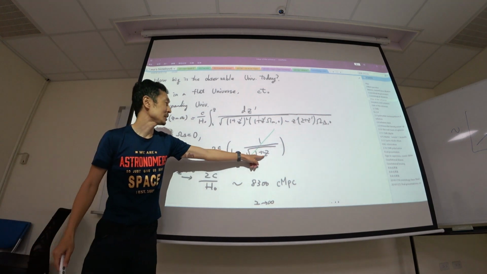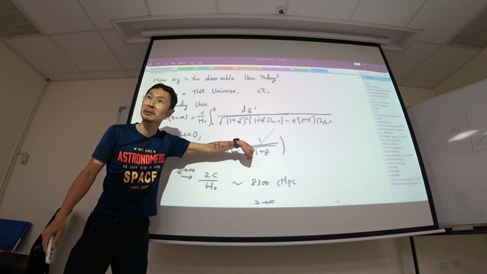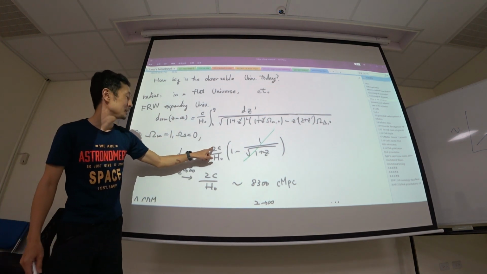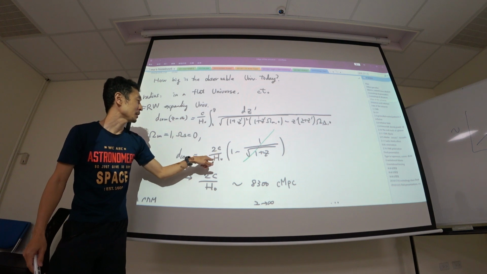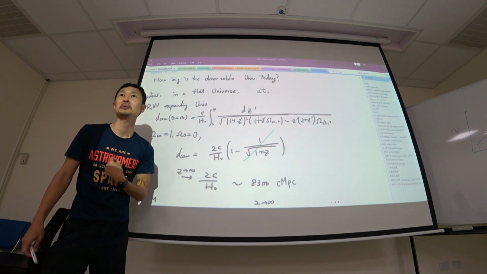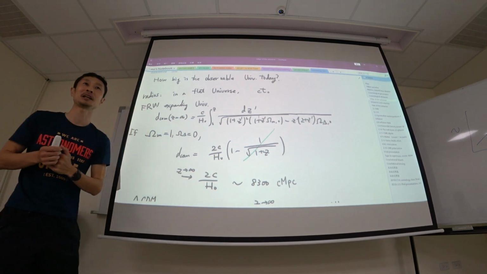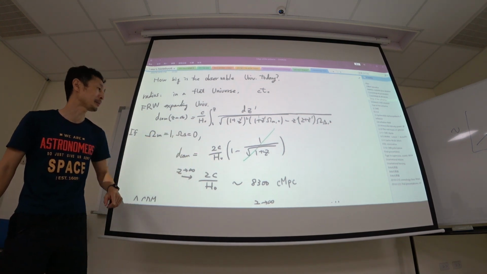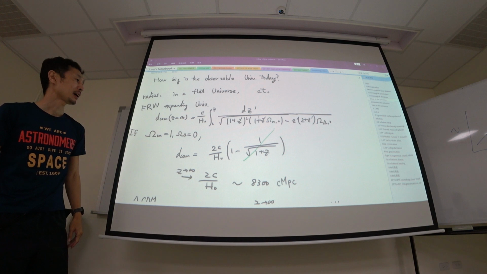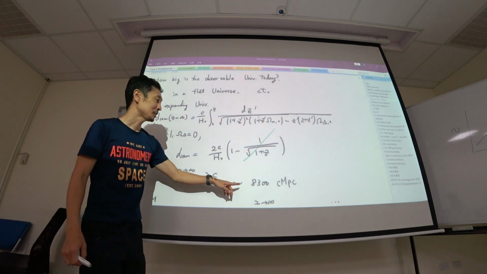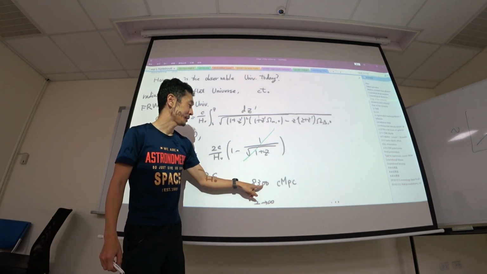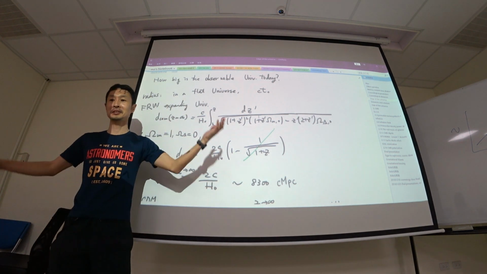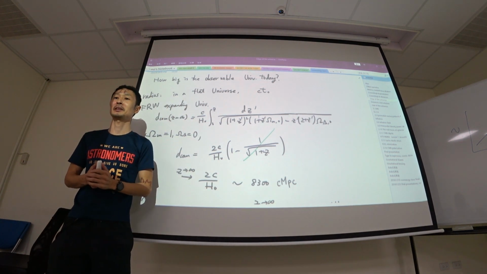And then z goes infinite, so we drop this, it's going to be 0, as Zishan was saying. So now 2c divided by H0, this is the size of the universe. Let's calculate, right? You put in numbers, speed of light, and the Hubble parameter, something like 70, and then you get 8,300 co-moving megaparsec. That's the size of the universe.